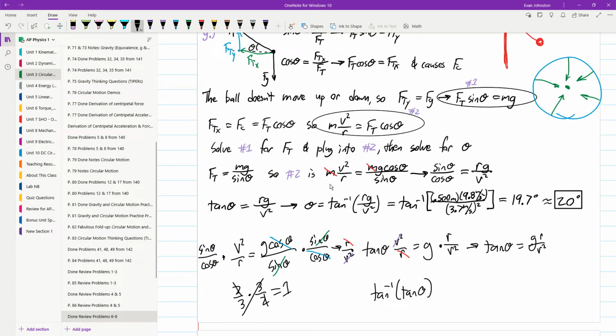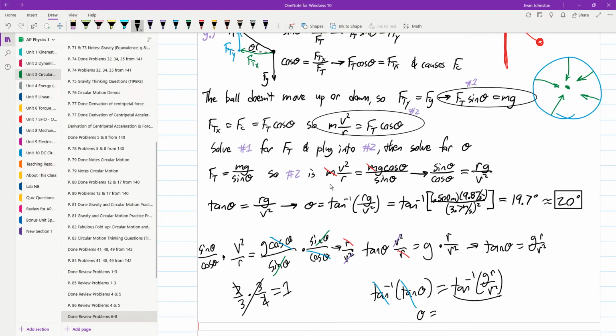We're doing this on the left side, and we're going to do it on the right side. Take the inverse tangent of g times r over the velocity squared. Again, inverse tangent and tangent kill each other off, so all that's left on the left side is just the angle. So the angle is equal to all of this here, and that's exactly what I have right here.